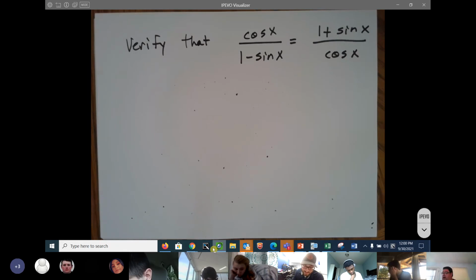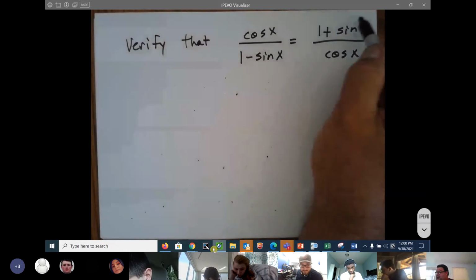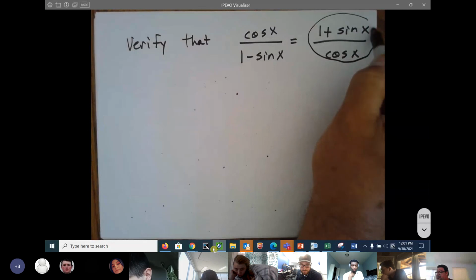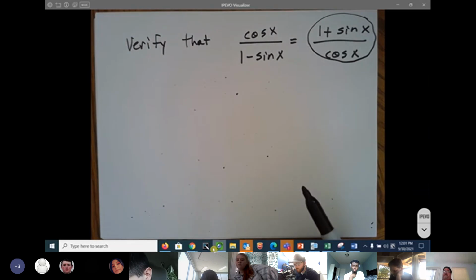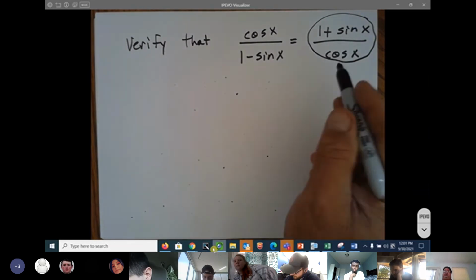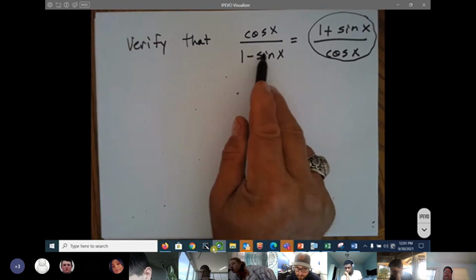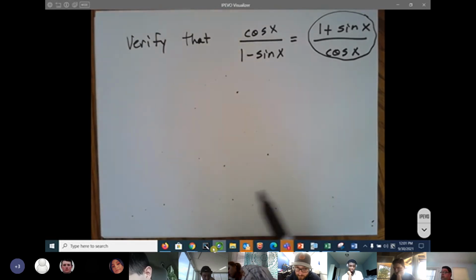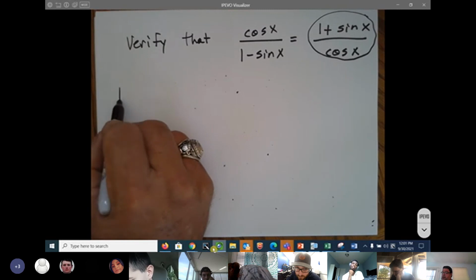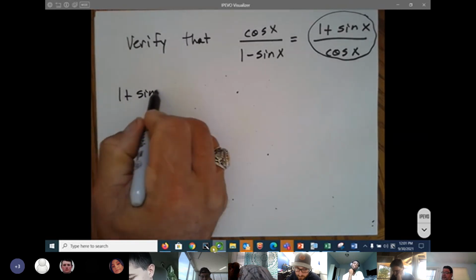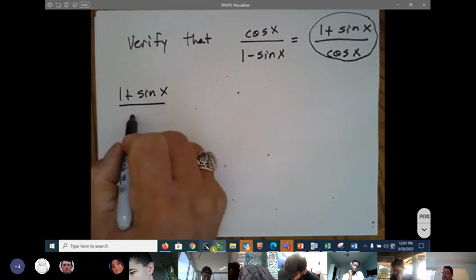So I'm going to take this side right here. Now you can take either side. I'm going to take that side because I'm right-handed. So I'm going to make it look like this. So I'm going to go down here and I'm going to say 1 plus sine of x over cosine of x.